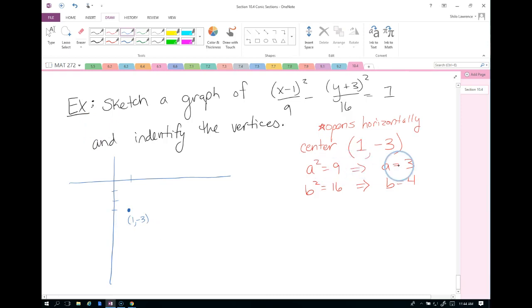From that point, I'm going to go left and right 3 units. I'm going to go up and down 4 units. And we make a box with those points.